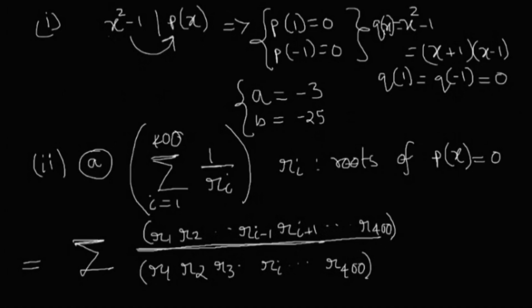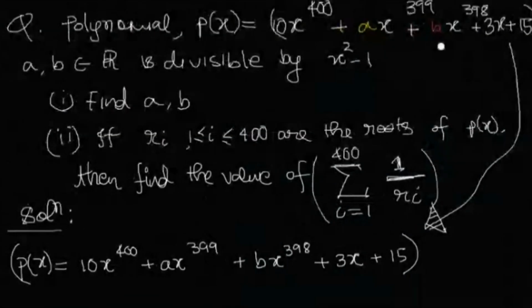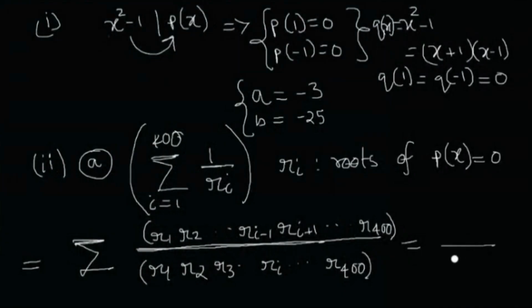It is easy because this gets cancelled, you will have a 1 here, and you will have this Ri here. Now, this product is 15 by 10, I guess. So this is 15 divided by 10. So you'll have a 15 by 10 here.